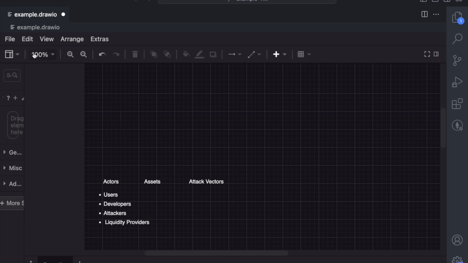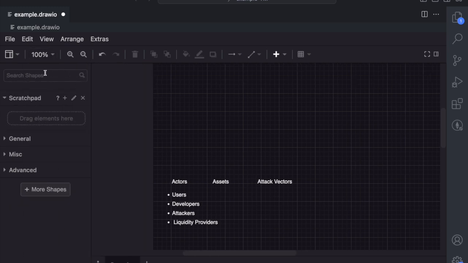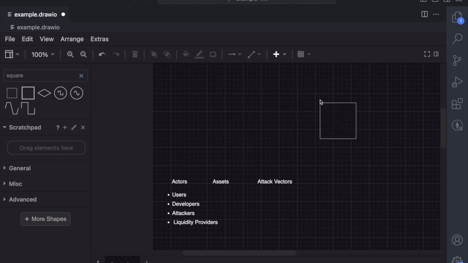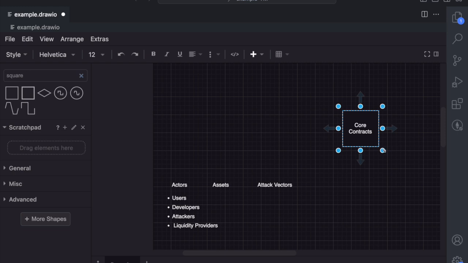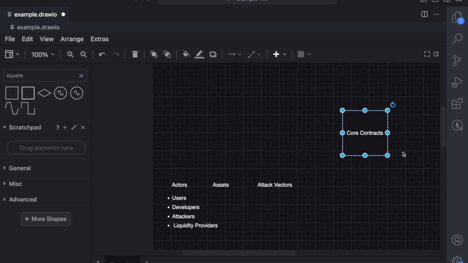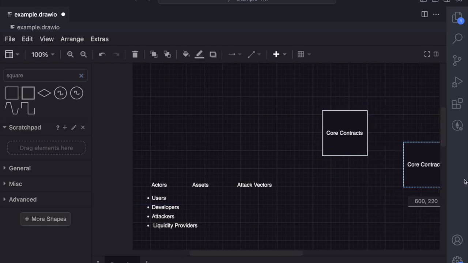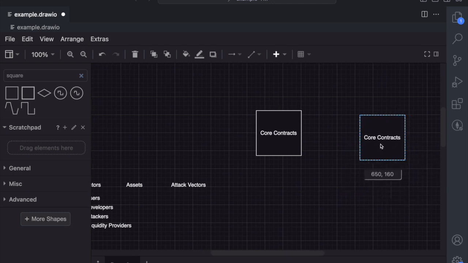So I know I said I wanted to pretty much start with core, what's core and periphery. So we can title something like core contracts, and we can title something like periphery.